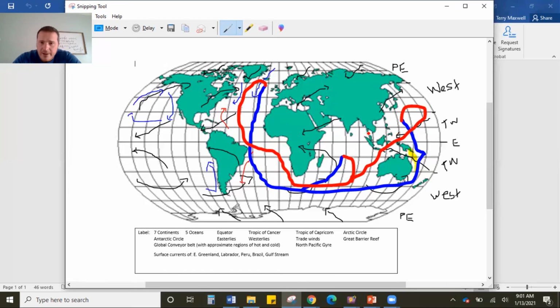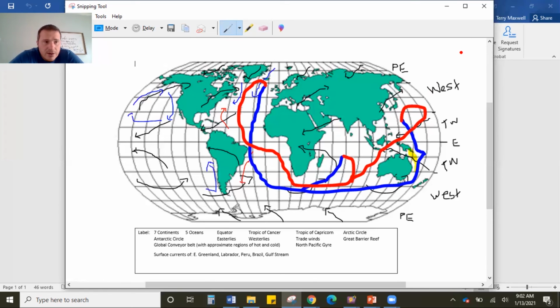Again, thermohaline is driven by temperature, density, salinity. Deep ocean currents are not affected by wind. They're not really all that affected by the sun, but it's more about the overall temperature of the ocean. These currents take thousands of years to circulate. They're not controlled by the surface winds.